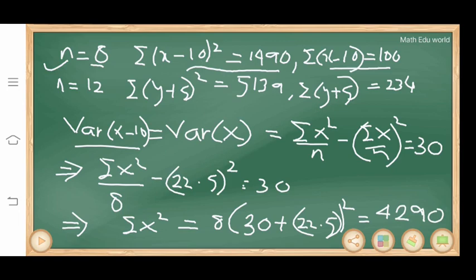So we got sigma x squared as 4290 and sigma x as 180.